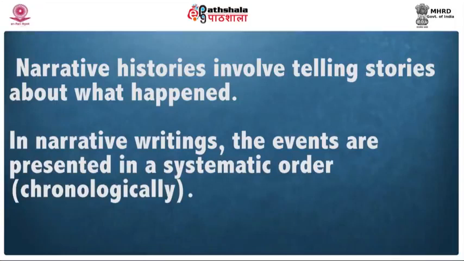Narrative histories involve telling stories about what happened. In narrative writings, the events are presented in a systematic order, chronologically. However, writing narratives does not only involve presenting the facts in a systematic manner, but the narratives should end up with some stimulating results.